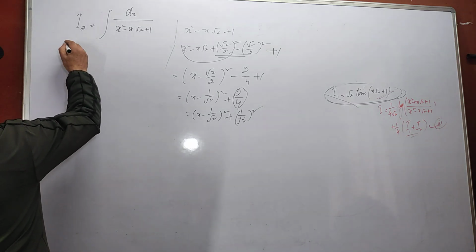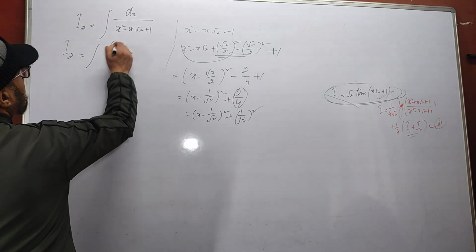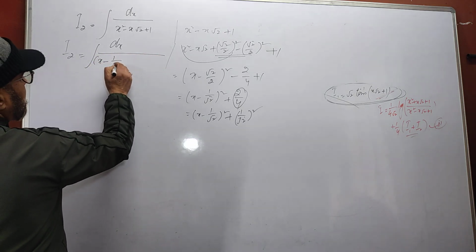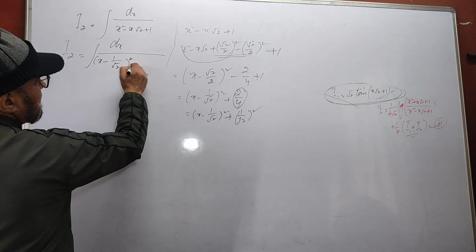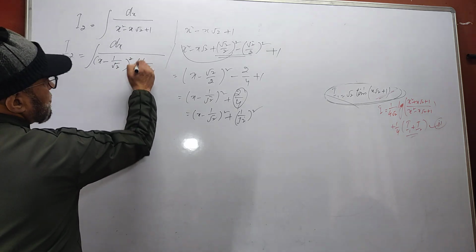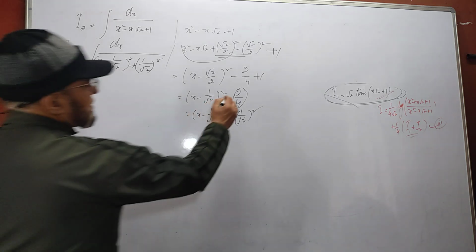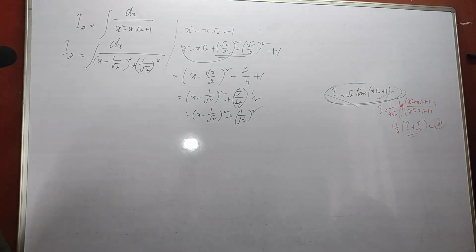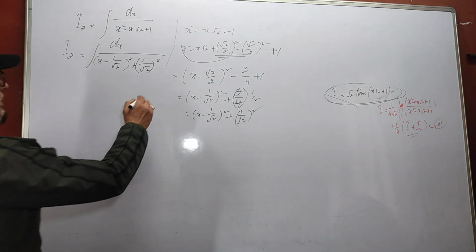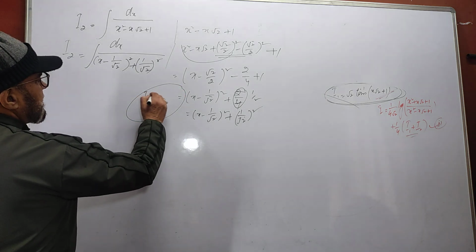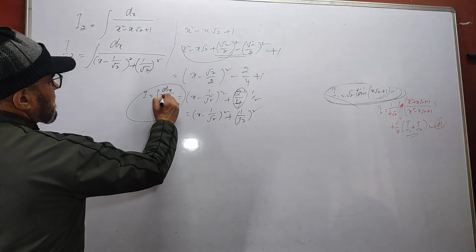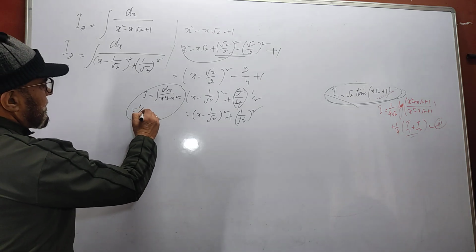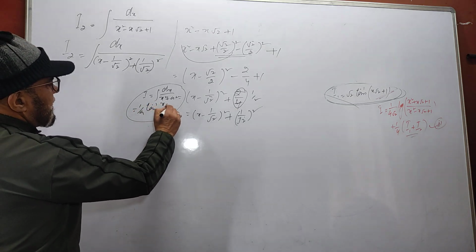Therefore, I can write now I2 is integral of dx upon this one, x minus 1 by root 2 square, then plus 1 by root 2 whole square. I have simplified this because this is your 1 by 2, that is 1 by root 2 square. This is again the same formula we get when I is integral of dx by x square plus a square, that is 1 by a tan inverse x by a.